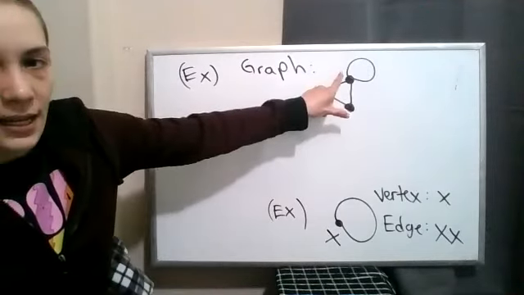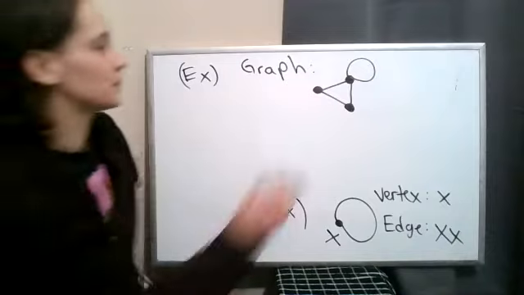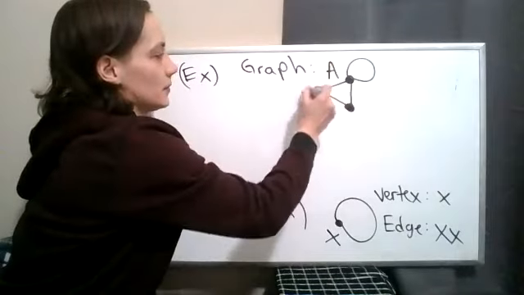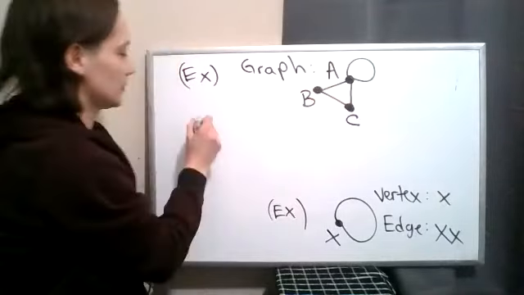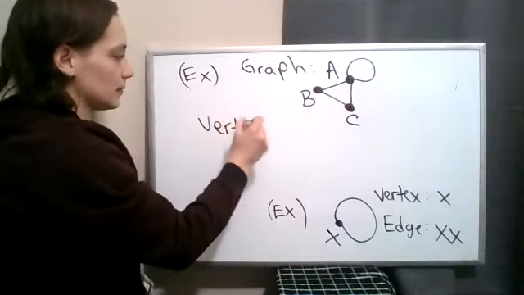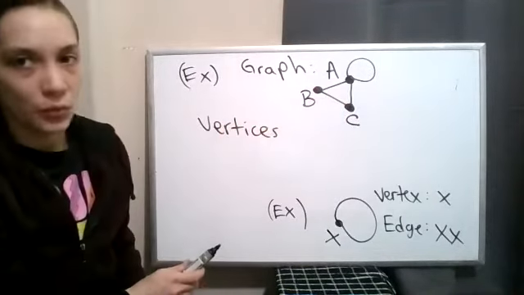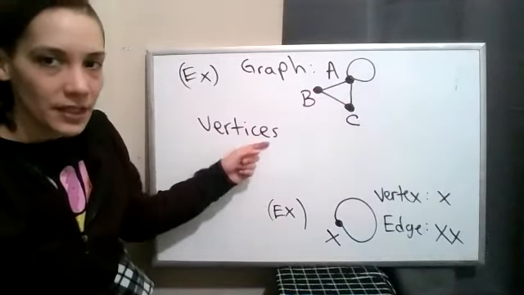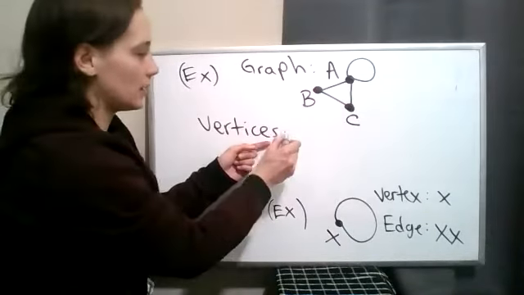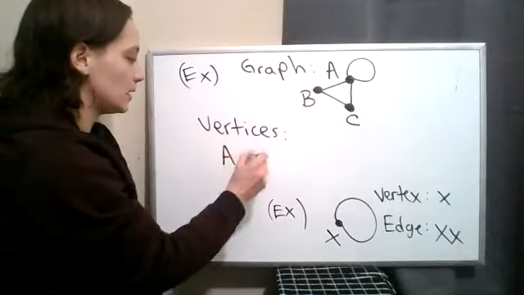Let's call this A and B and C. So if there's more than one vertex, they're going to be called vertices. And the vertices are A, C, and B.